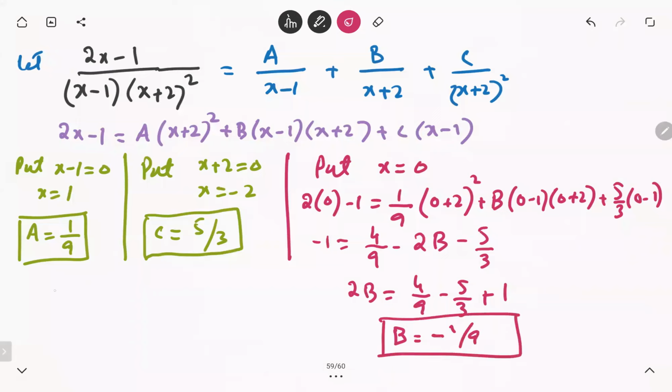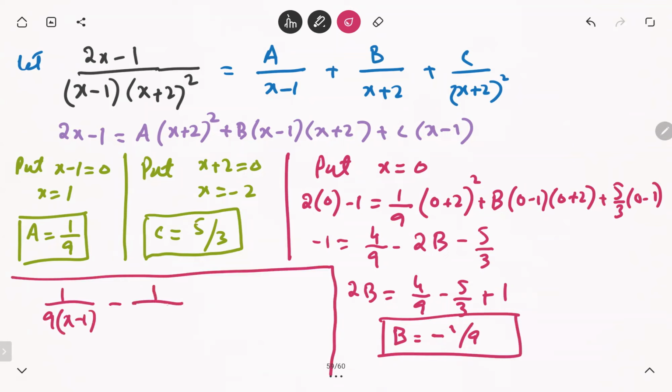So write your answer here. I am writing the answer. A is 1/9 x minus 1, minus 1/9 is the value of b, x plus 2.